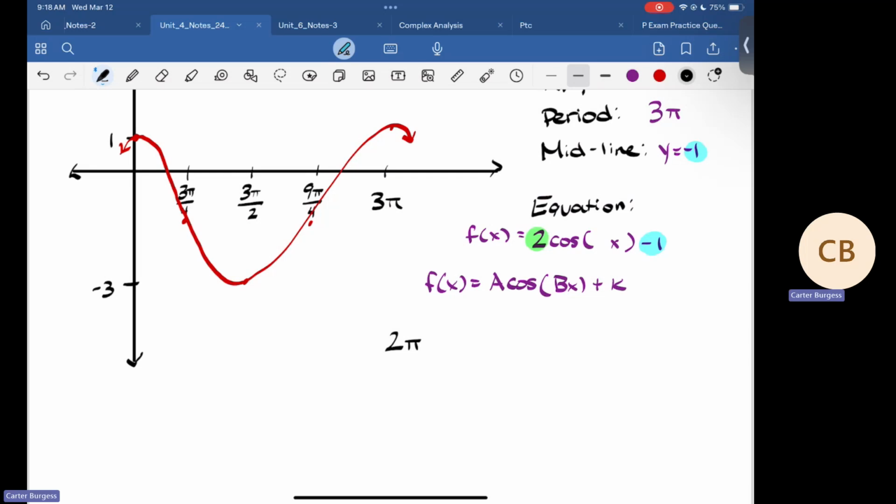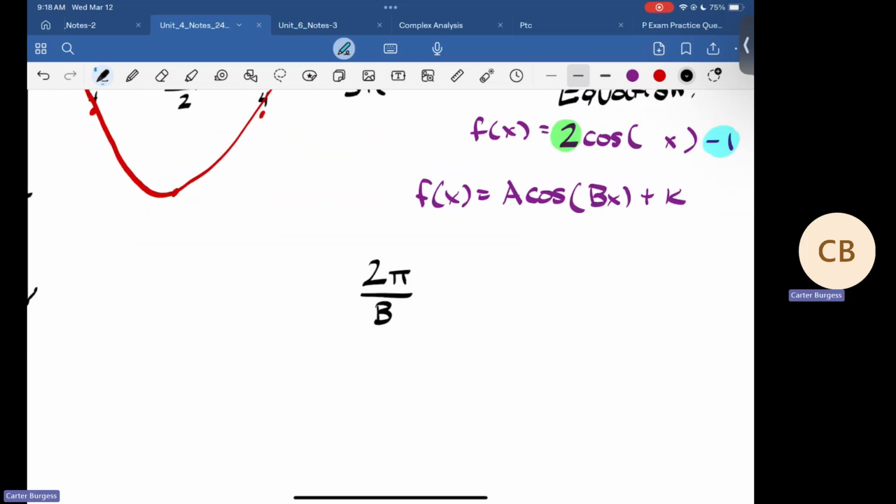In terms of the equation, we take this and divide it by that B. We apply the inverse of what B is. That's that idea that if I'm going twice as fast, it's going to take me half as long. Whatever B is, I'm doing the opposite to our period.